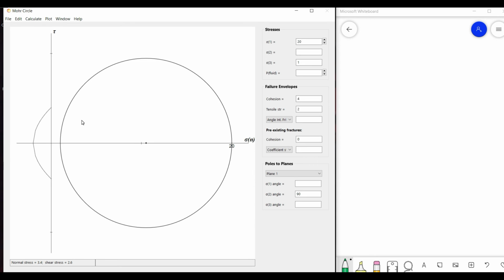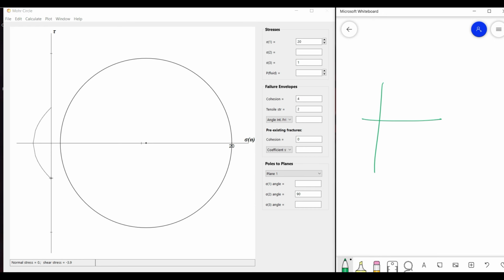If we look at the diagram, the intersection of the curve with the y-axis, or the shear stress axis, you can observe that the y-axis intercept is 4 for the upper one and minus 4 for the lower one.